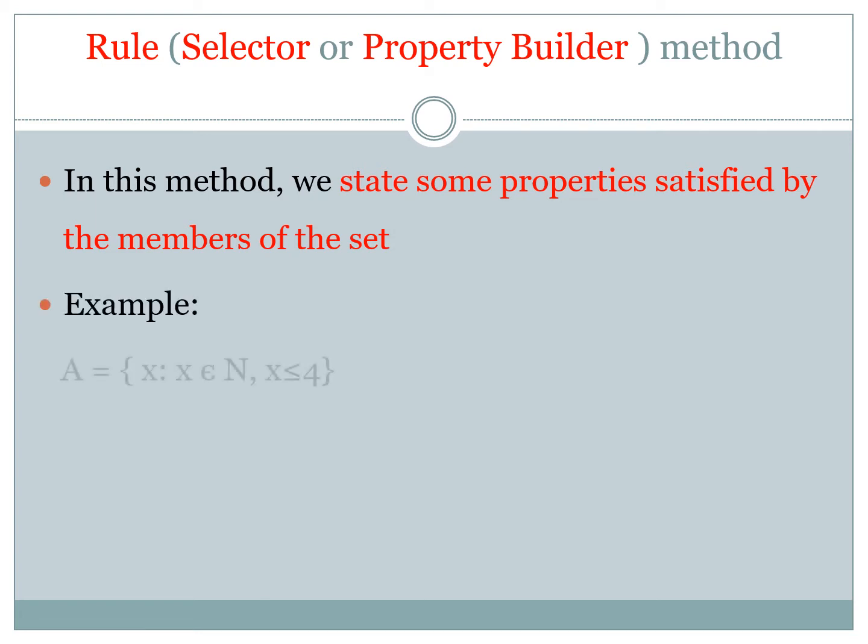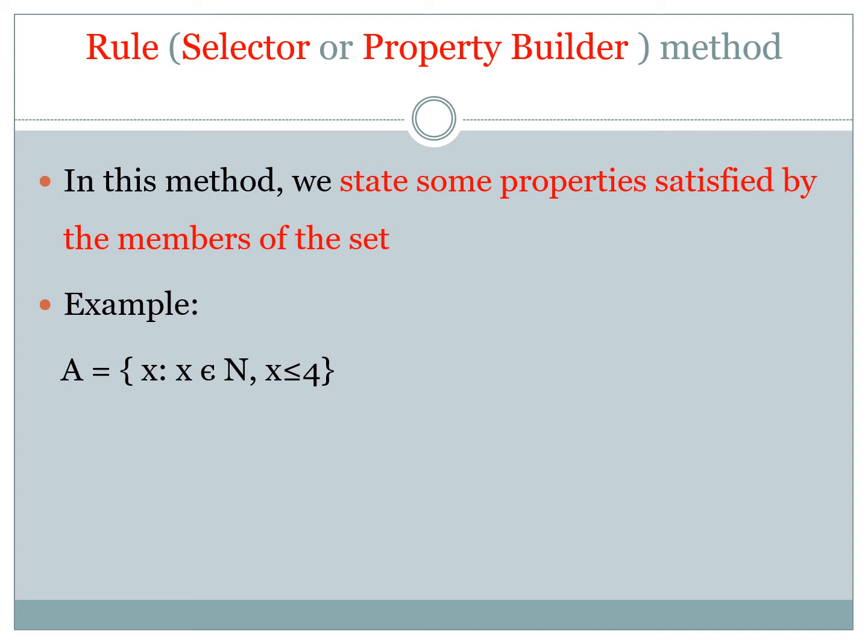For example, consider the set A defined as the set of all x such that x is an element of N, x less than or equal to 4. Here the letter capital N refers to the set of natural numbers.